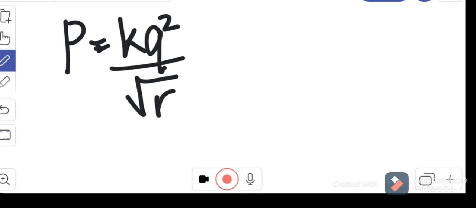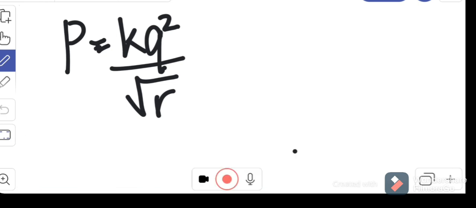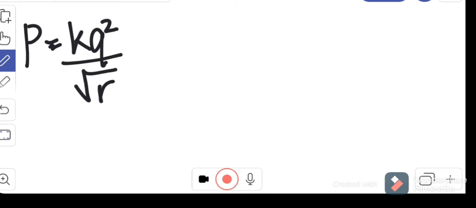So our equation will look like this. And then we need to find the equation for finding the value of the constant before we can proceed to finding the value of what is asked.